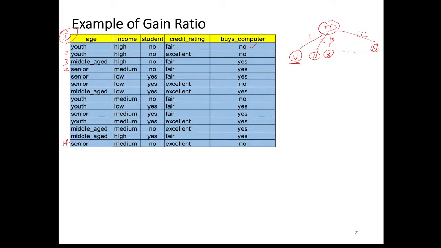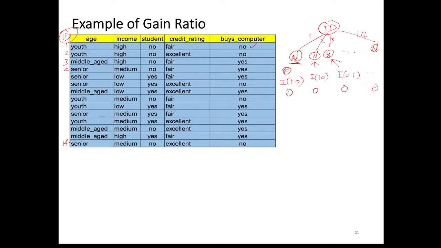And if that's no, then of course this is info(1, 0), and the entropy is 0. In the second case, again, this is info(1, 0), so the entropy is 0. This is again info(0, 1), and the entropy is 0, and so on. All the entropies are 0.